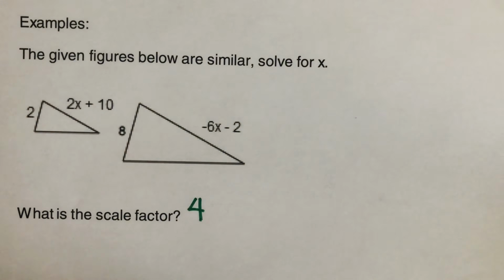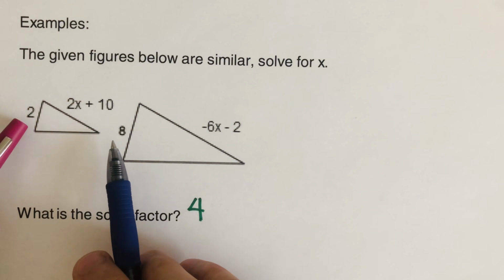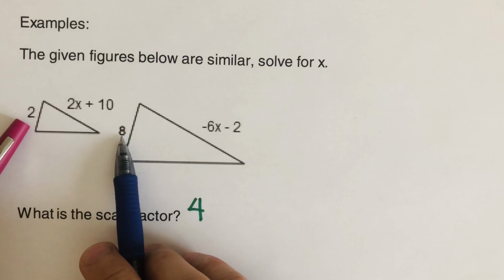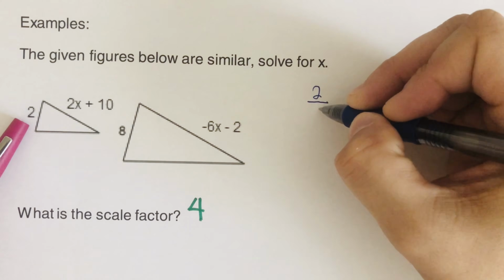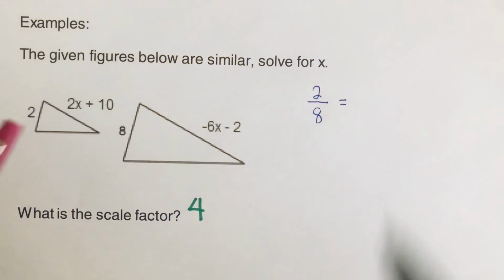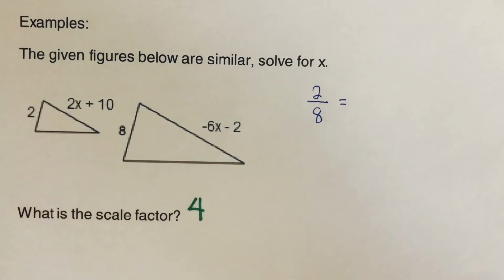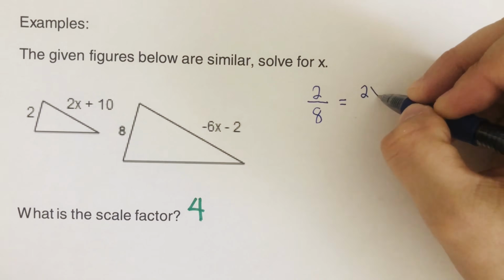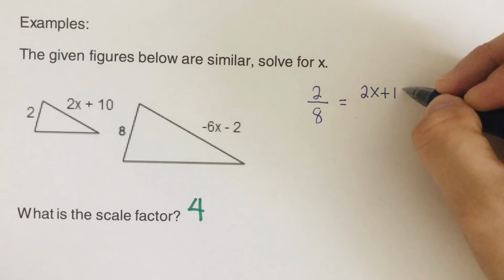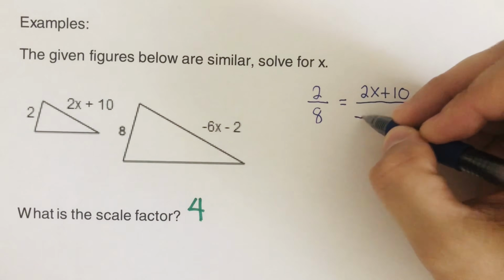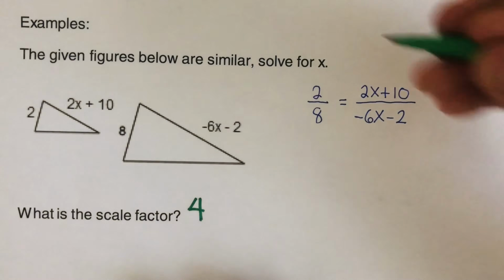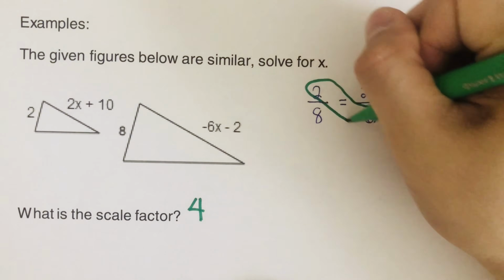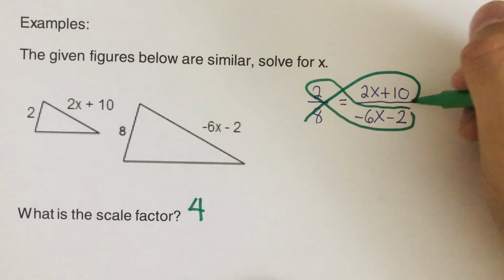So then to do this, we are going to pair them up. Corresponding parts, first over second. So that would be 2 over 8 is equal to first over second, which is 2x plus 10 over negative 6x minus 2. And then we do the same thing. We're going to cross multiply these two and cross multiply these two.